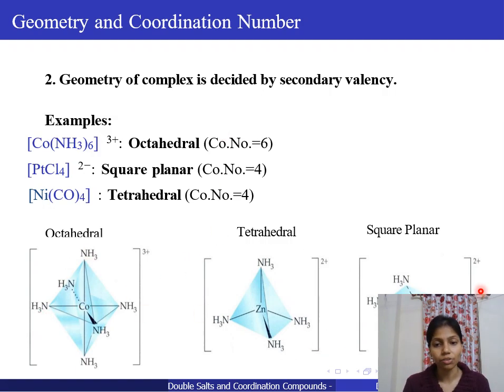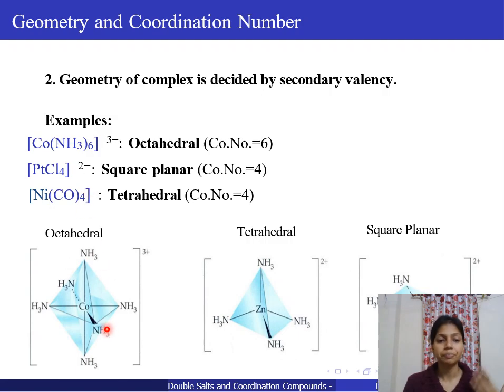These are examples of different geometry compounds. You see the bonds which are forming in particular directions. Because 6 bonds are forming around the cobalt atom or ion in different directions, this is an octahedral complex, and it makes the octahedral shape.